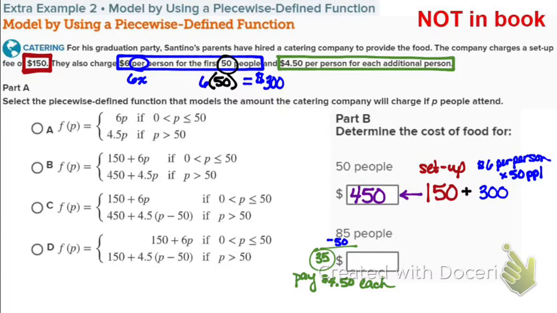So I'm still going to have this 150. I'm still going to have this 300. And then we're going to have more cost. How do I find how much more it is for these extra 35 people? 4.50 times what? 4.50 times 35. What is 4.50 times 35?